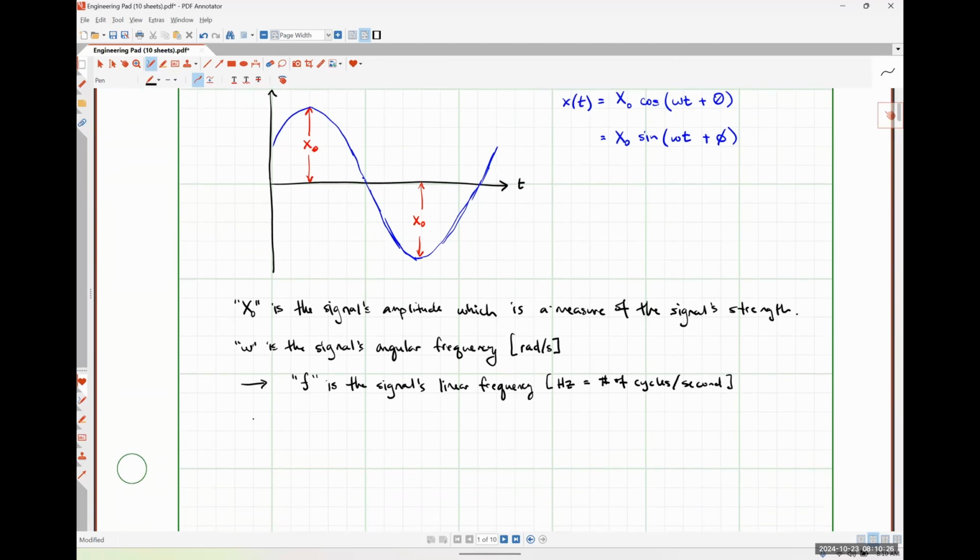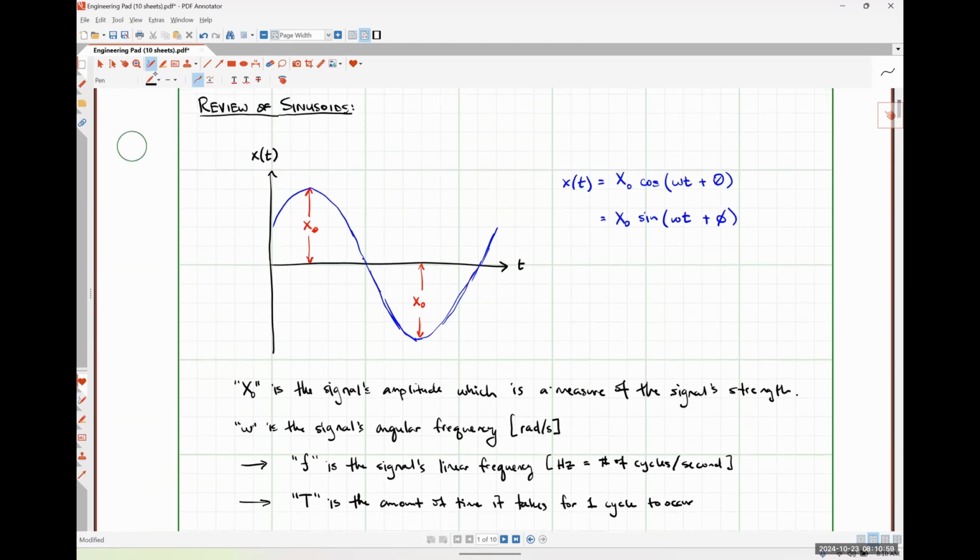And I also remember back from when I taught 121, we learned about the period of a function, where the period capital T is the amount of time it takes for one cycle to occur.